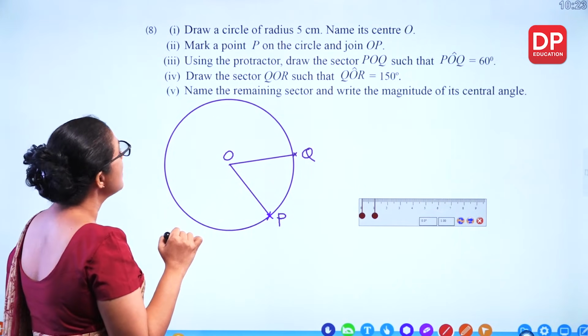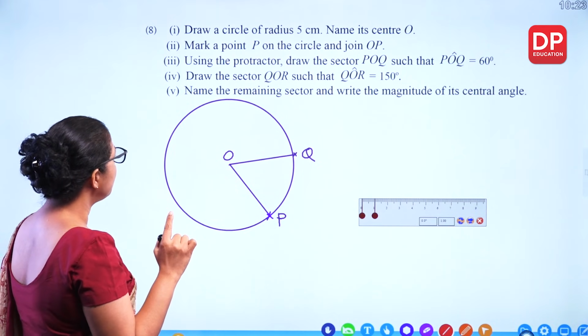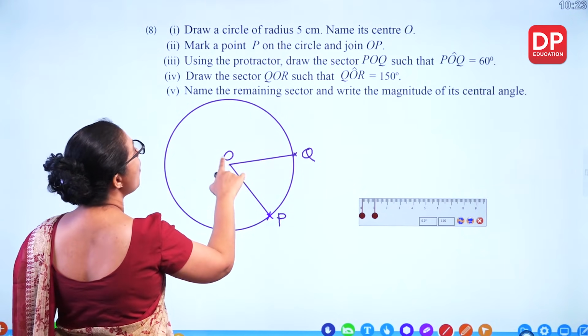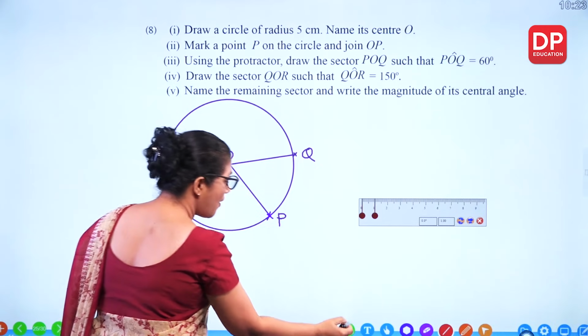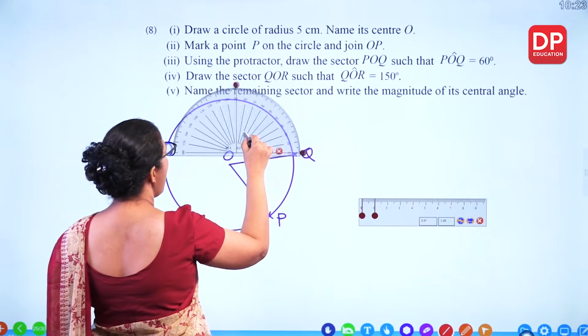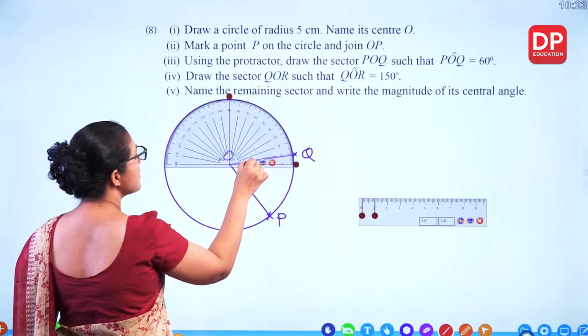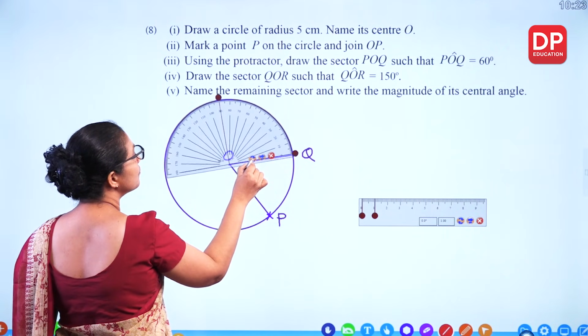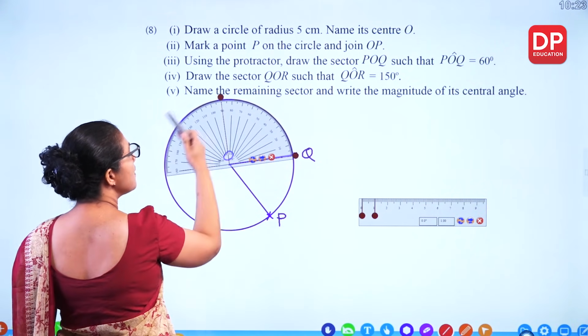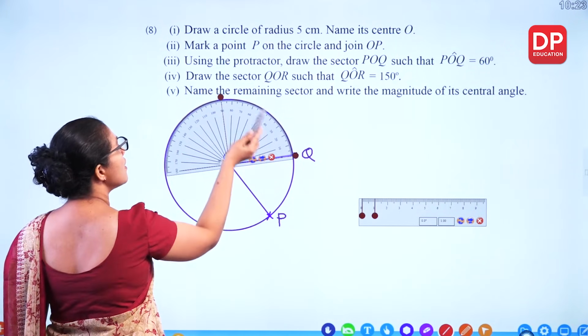60 degrees. Draw the sector QOR such that that's 150 degrees. So you take the protractor again and you need to measure 150 degrees. Now here, this is anti-clockwise. 150 means here to here.